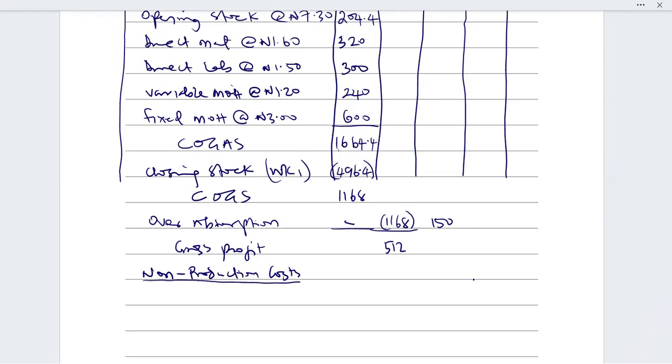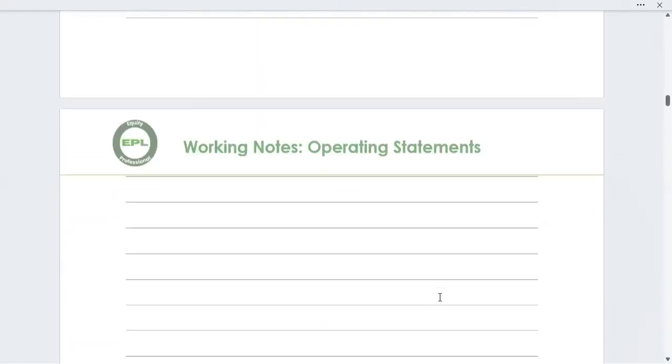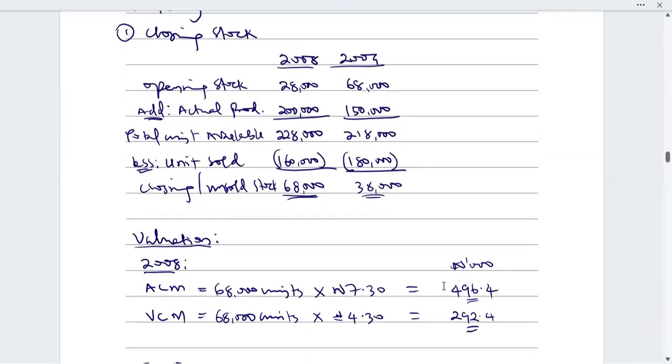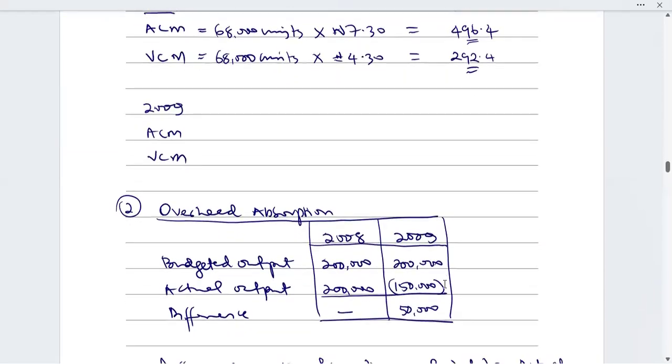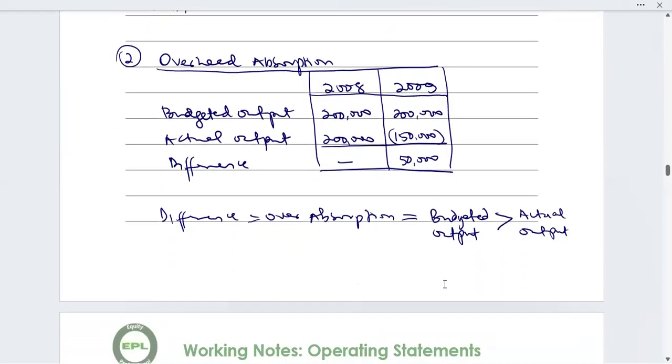Yes, go ahead. Okay, great. Thank you. It's about the over and under absorption. I get the concept, right? But I'm trying to understand it in layman's terms. Like for that 2009, I think we have over absorption there, right?